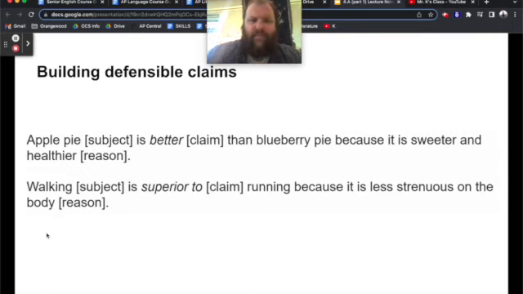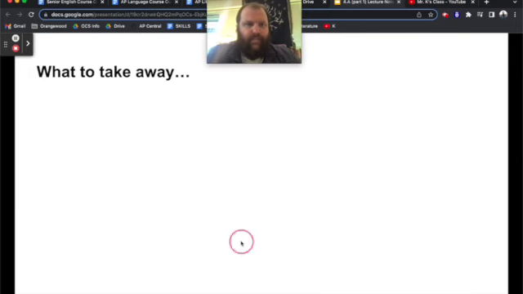How much pressure is actually put on the body, on your knees, let's say, when you walk versus when you run? Whatever, right? It's that reasoning, the reason at the end, that's what makes it a defensible claim. And that is absolutely necessary for this type of writing, for these types of essays.